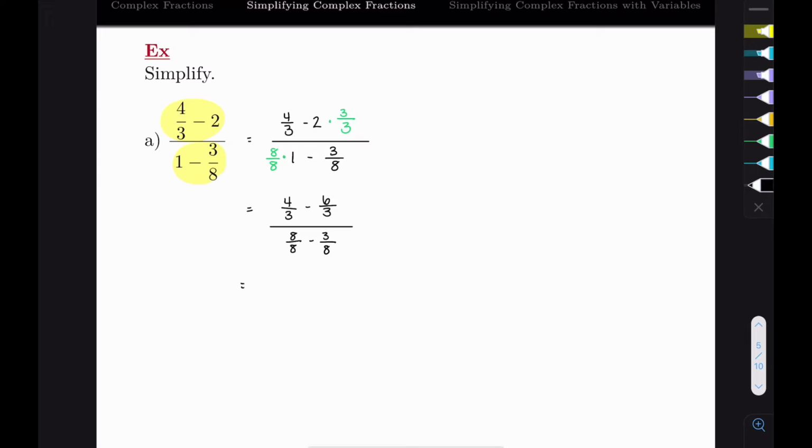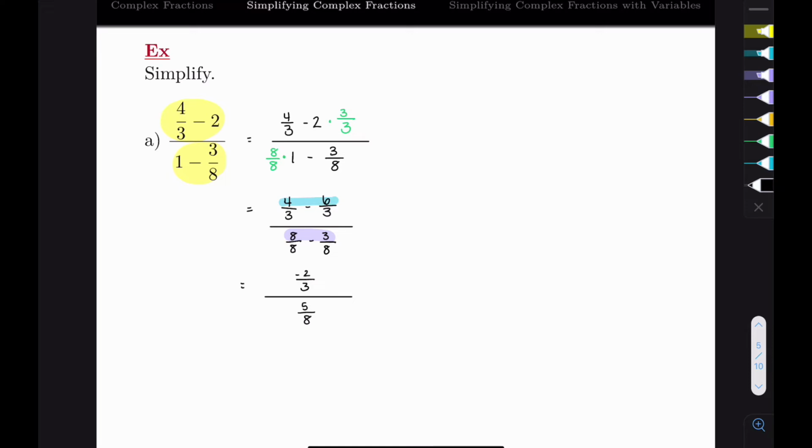And now, because the fractions have the same denominators, we subtract across. So we have 4 minus 6, which gives us negative 2/3 in the numerator. And then 8 minus 3 leaves us with 5/8 in the denominator.